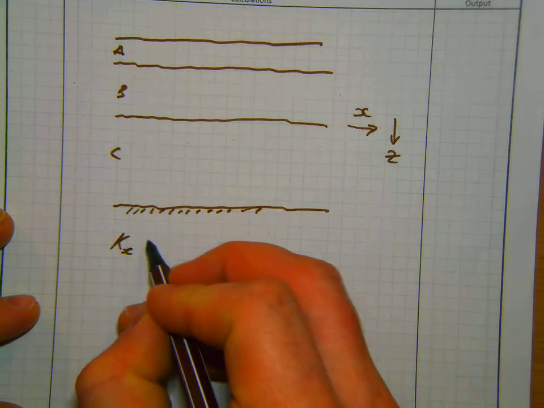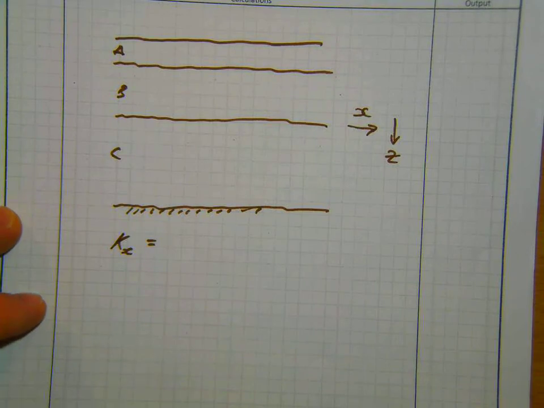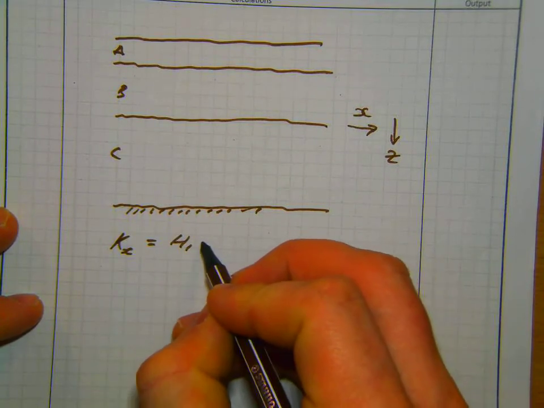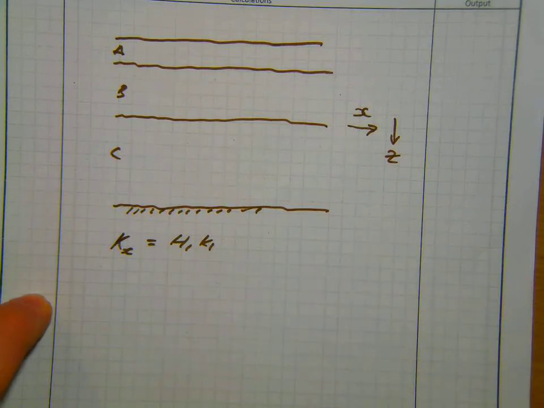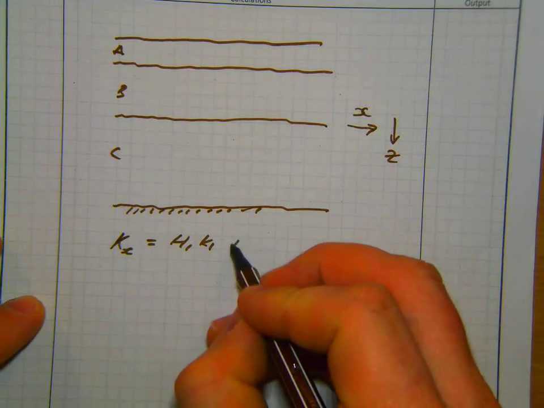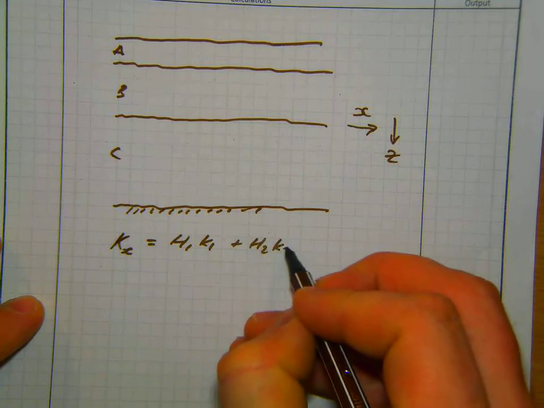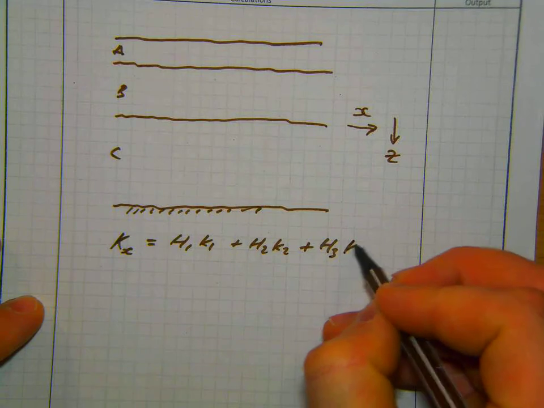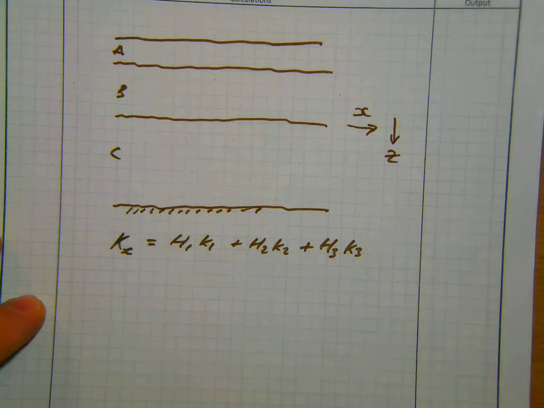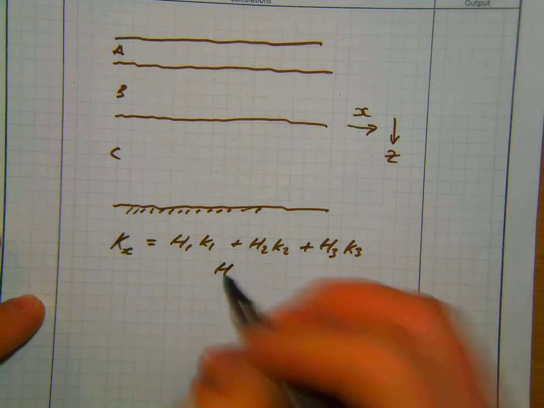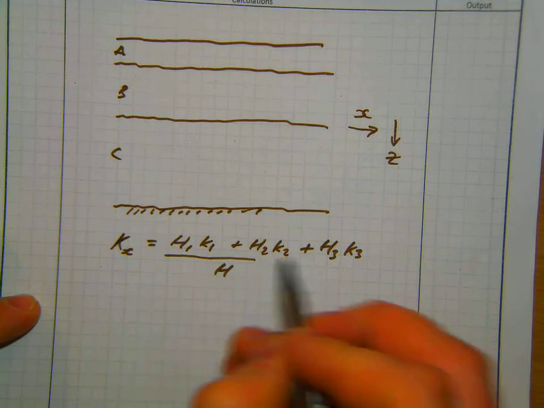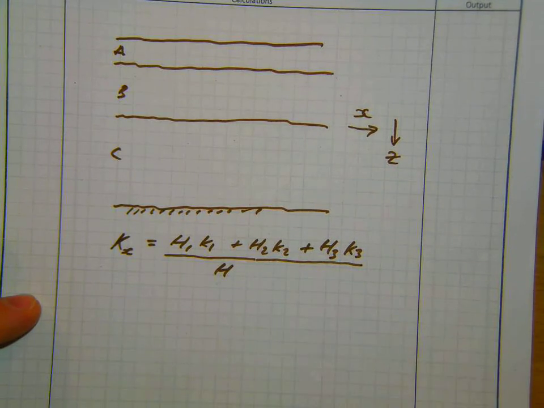Kx is equal to H1 K1 plus H2 K2 plus H3 K3, and all of those are divided by the total thickness of strata.